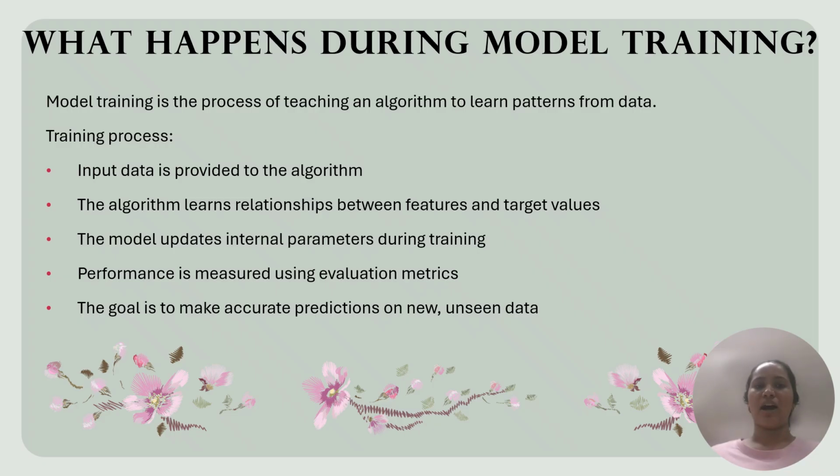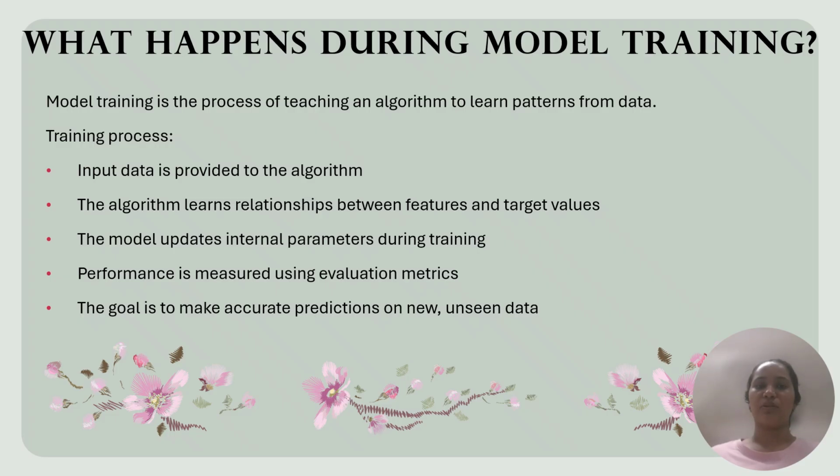To determine how well the model is learning, its performance is measured using evaluation metrics such as accuracy, precision, recall, or error rates. These metrics help identify whether the model is improving or if further adjustments are needed.